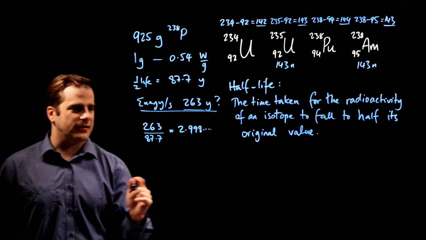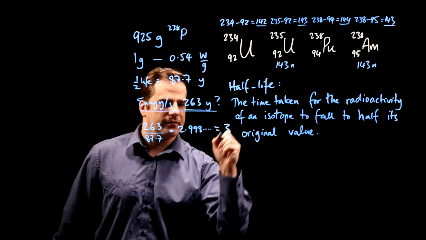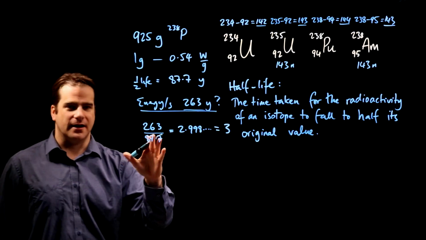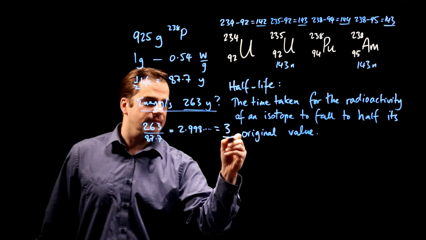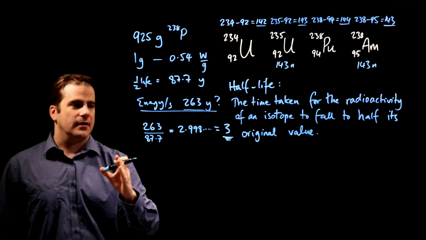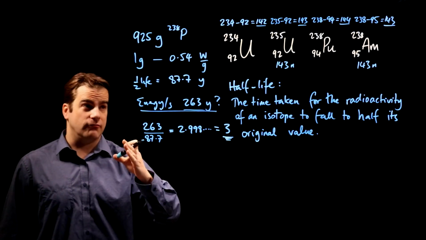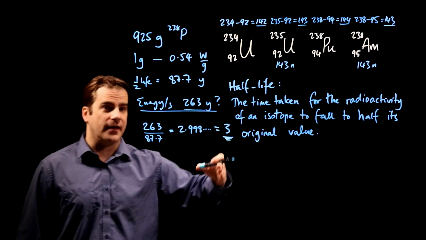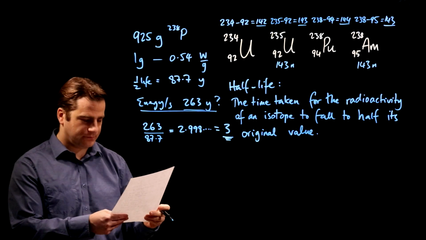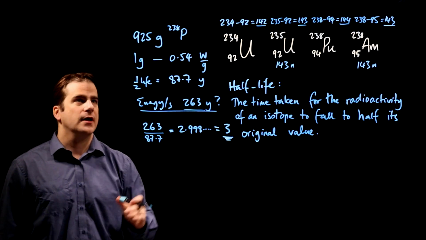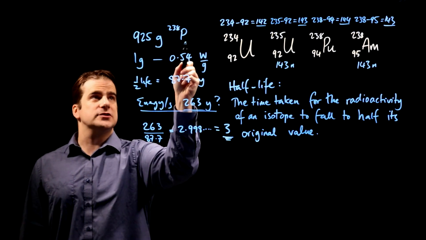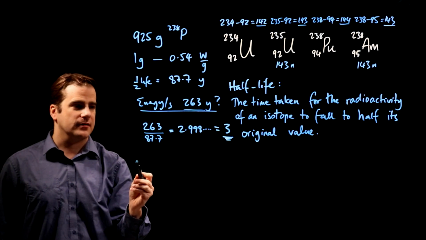It's almost exactly 3 half-lives. Don't work with 2.998. It's 3, which is nice. So after 263 years, the radioactivity has halved, halved again, and then halved again.